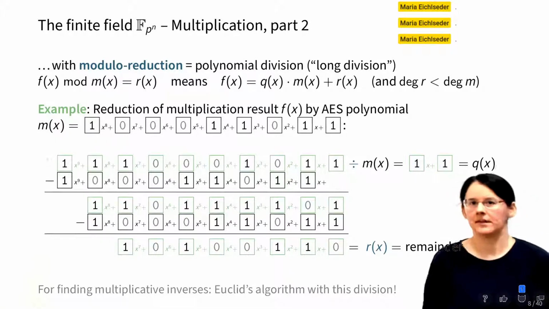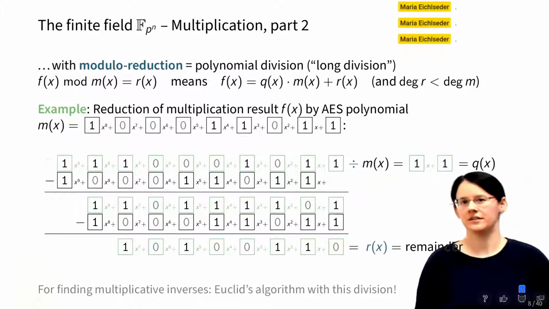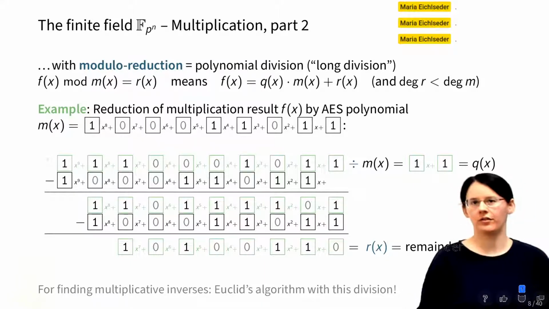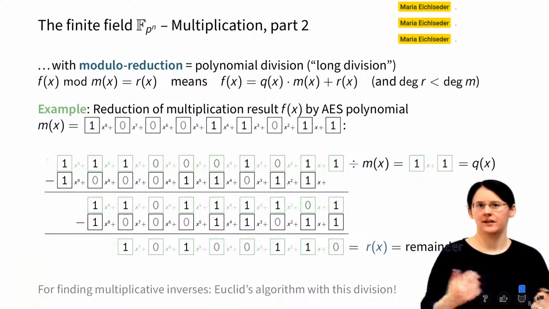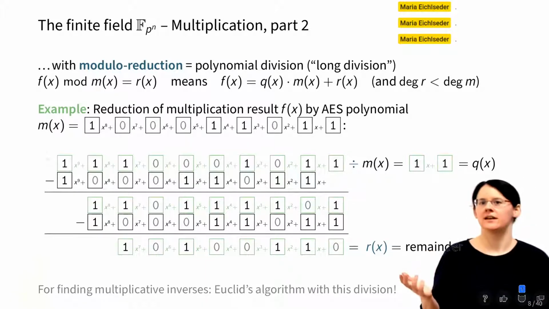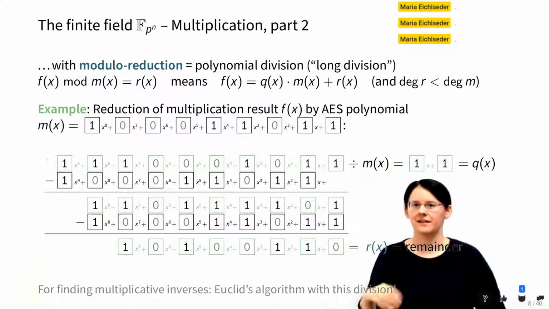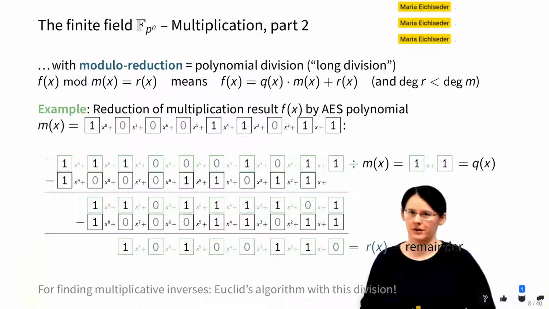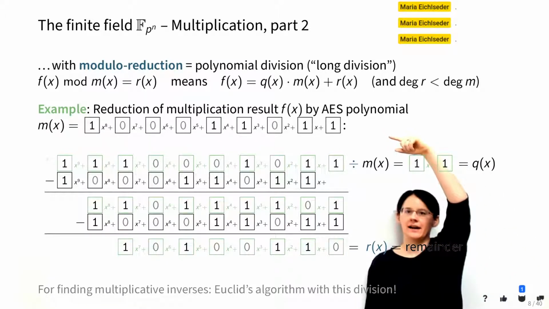So this gives us a reduction rule, and this also is sufficient already to define how our multiplicative group looks like. So multiplication in our field is simply multiplication of polynomials and then reduction by a modulus polynomial. And this modulus defines what sort of field I am in.